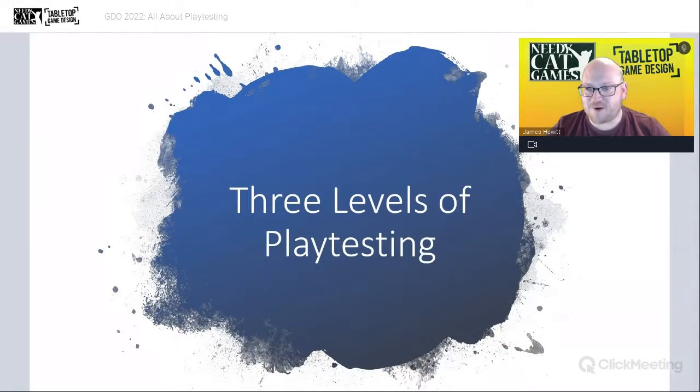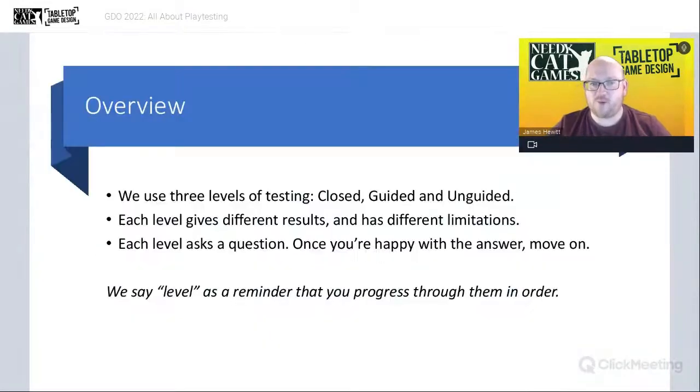Right, so let's talk about 3 levels of playtesting. I've kind of hinted at this already. Within our system of testing and designing, we use 3 levels of testing. And actually, we only started using this terminology quite recently. So this has changed since the last time we did game design online, because we used to call it solo testing, guided testing, and blind testing.